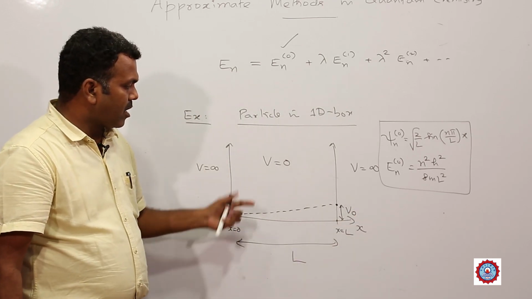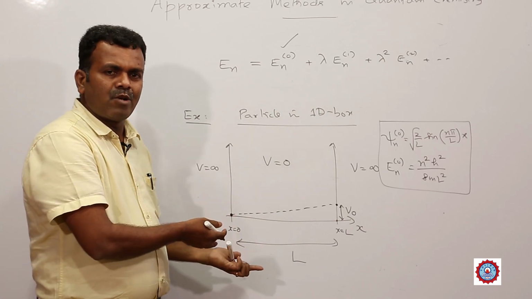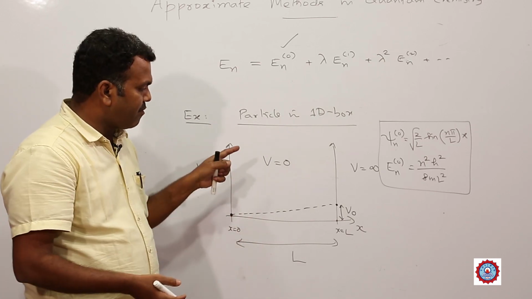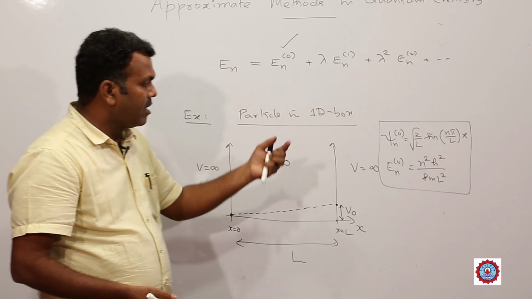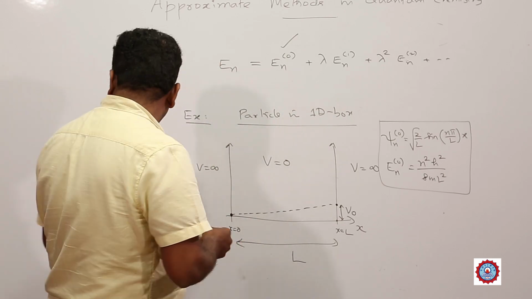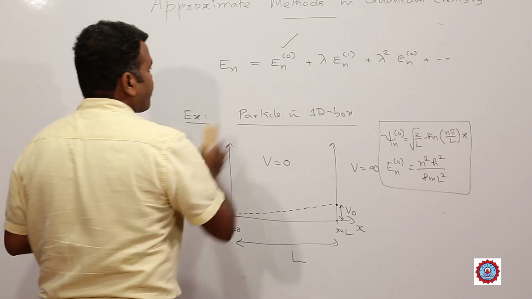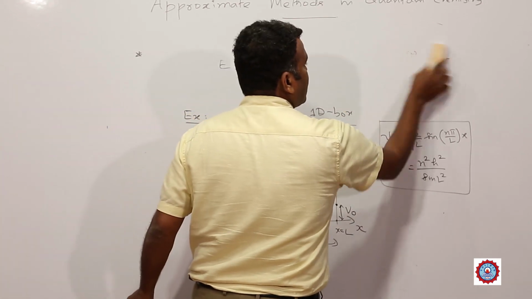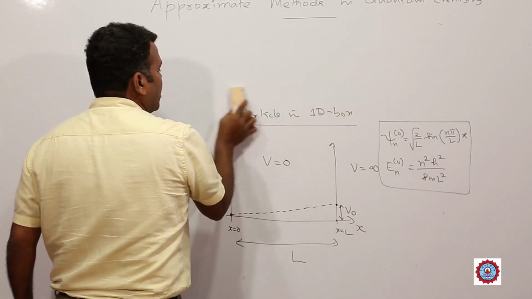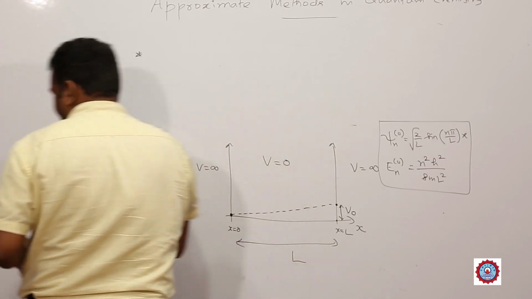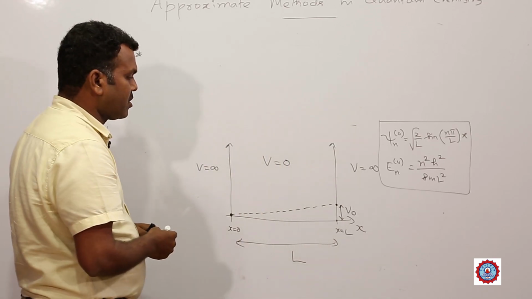Okay. So, now I have introduced some perturbation here. With this perturbation I am going to calculate the energy and wave function. How to proceed? I am going to show you only how to find the first order correction to the energy of the system.